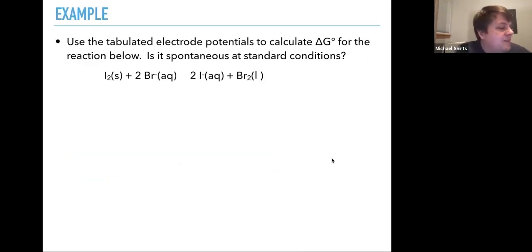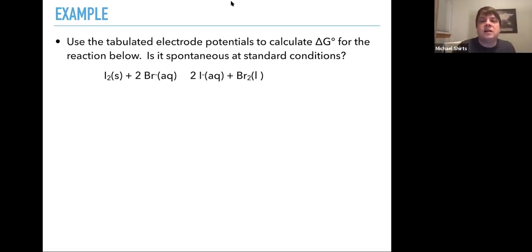Okay, so use tabulated electrode potentials to calculate the standard state free energy for the reaction below, and we have to decide if it is spontaneous or not. All right, so we'll again go to our standard table and look up these particular voltages.